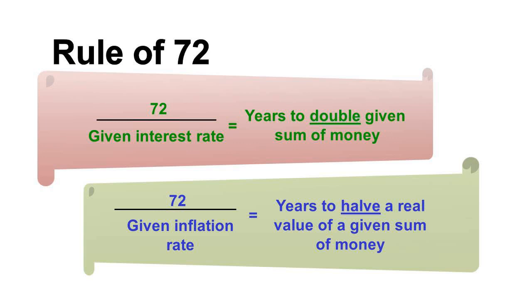The other way around, 72 divided by 10 years, you get how many percent return? 7.2% to double up the money. If your house inflation is 7.2%, in 10 years you double up the money. 72 divided by years, you get percentage. 72 divided by percentage, you get number of years to double up the money. It's always to double up the money.